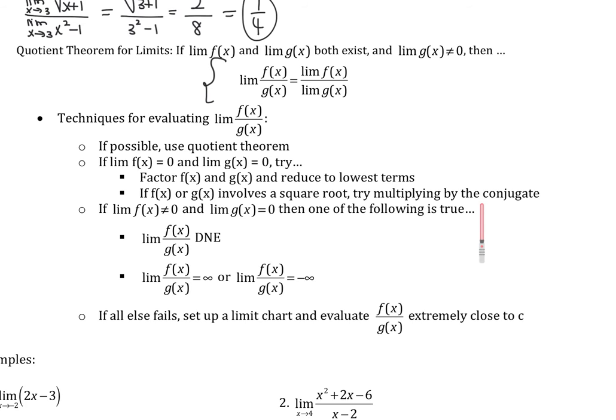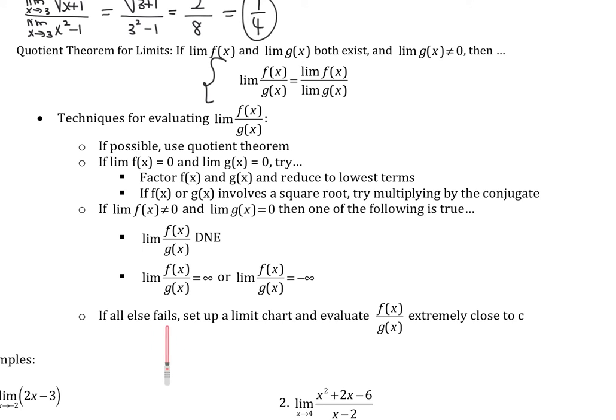That isn't necessarily always rationalizing a denominator by the conjugate. I might also have to rationalize with the numerator. And then if the limit of f of x does not equal 0, so the numerator doesn't equal 0, but the denominator does, then one of the following is true. Either the limit doesn't exist, or it's going to infinity or negative infinity.